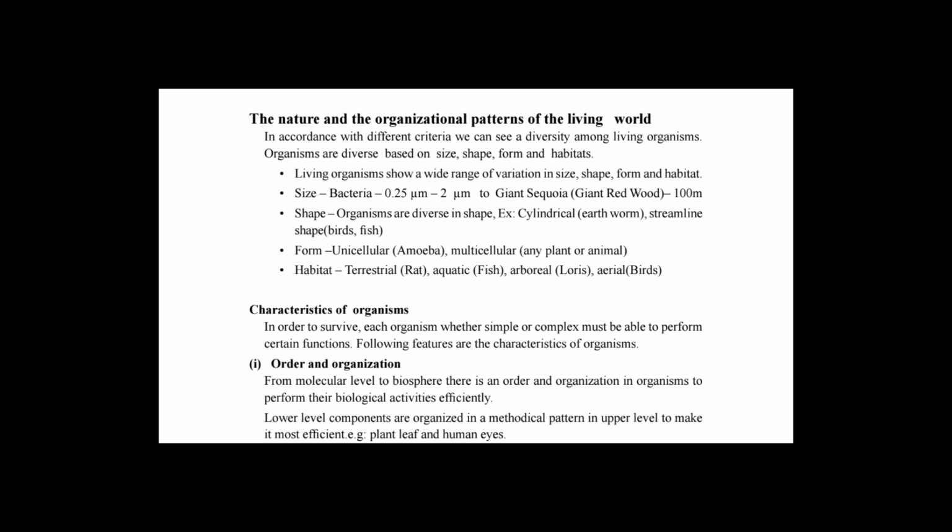From that to the giant sequoia, the giant redwood tree. That's 100 meters tall. That's the example given in the resource book. Other than that, we can see the baobab tree in Mannar in Sri Lanka. This tree has a circumference of 19.5 meters, which means it's a very big tree.